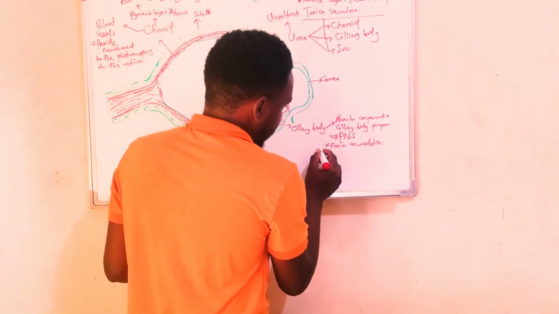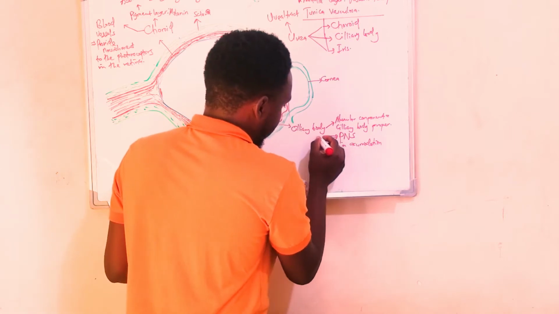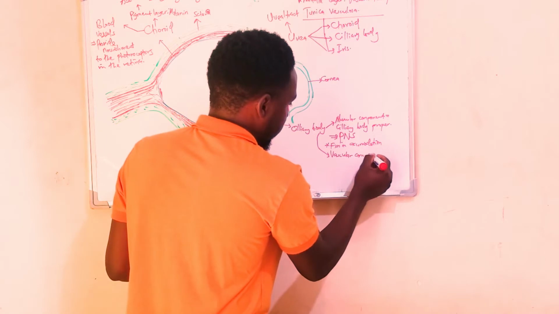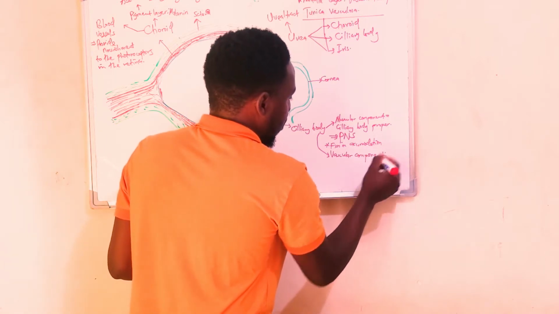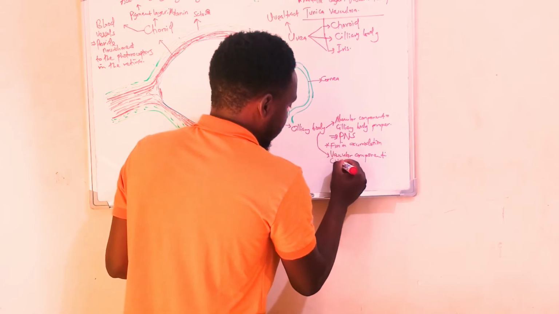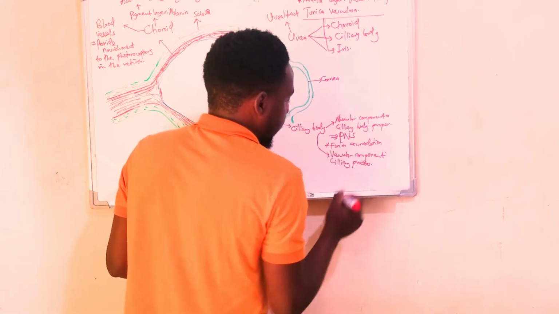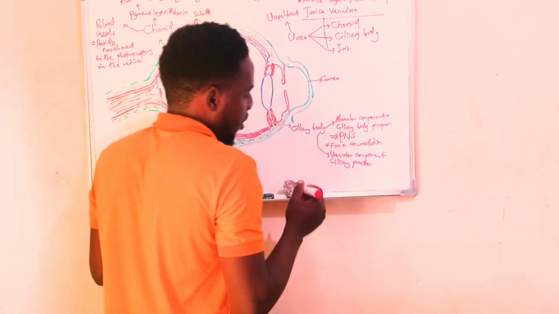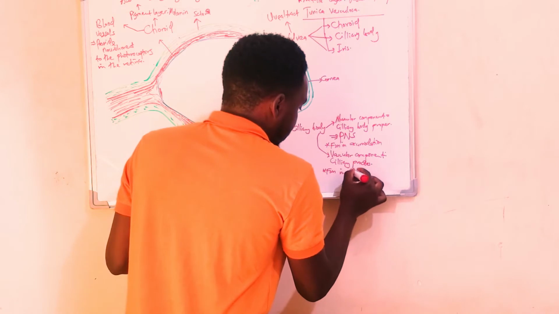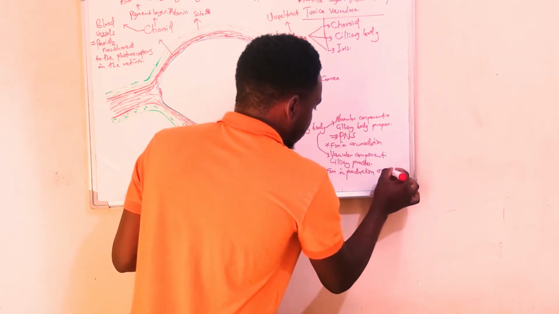Then also the vascular component, this is known as the ciliary process. The ciliary process functions in production of aqueous humor.